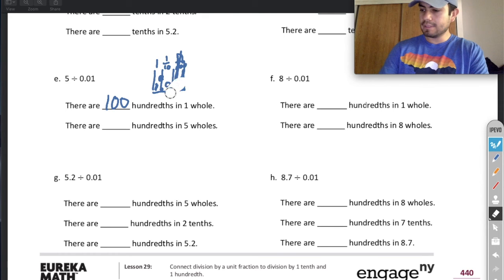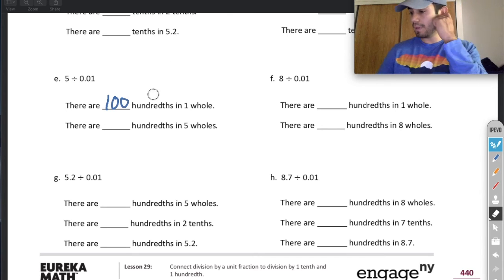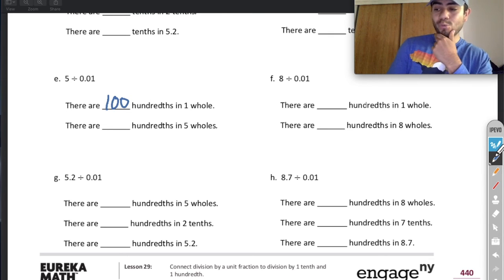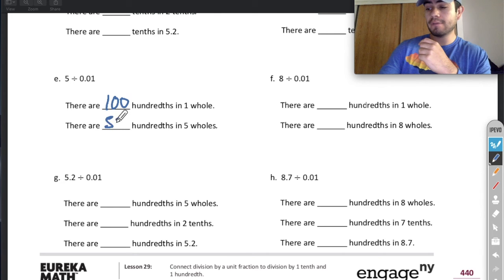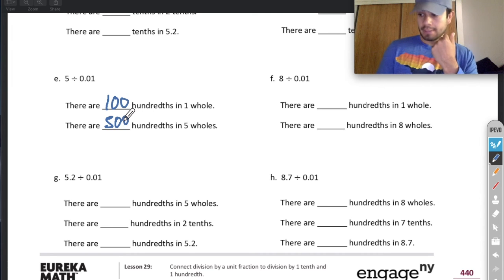So similar to what we did in the previous one, we can just simply continue the pattern here. So that means that if there are 100 hundredths in one whole, you're going to have 500 hundredths in 5 wholes.